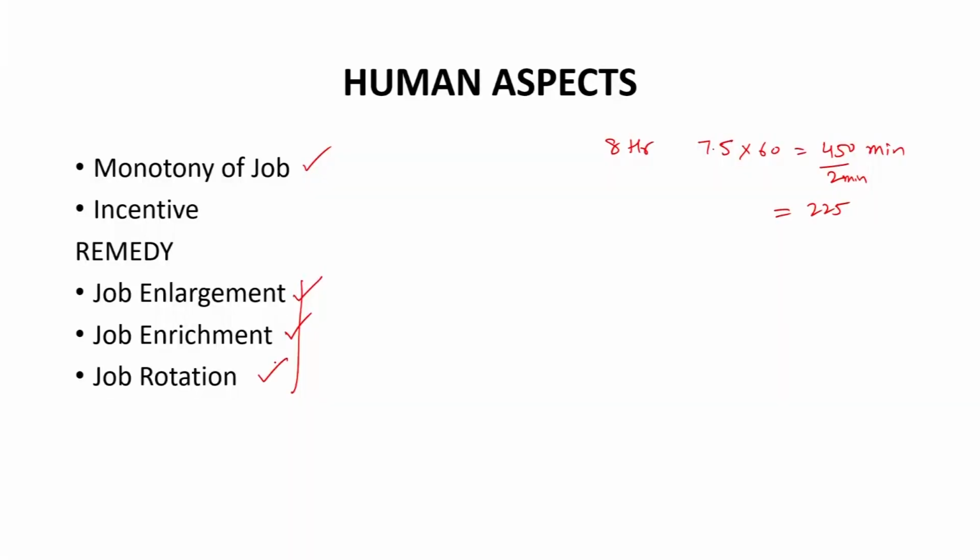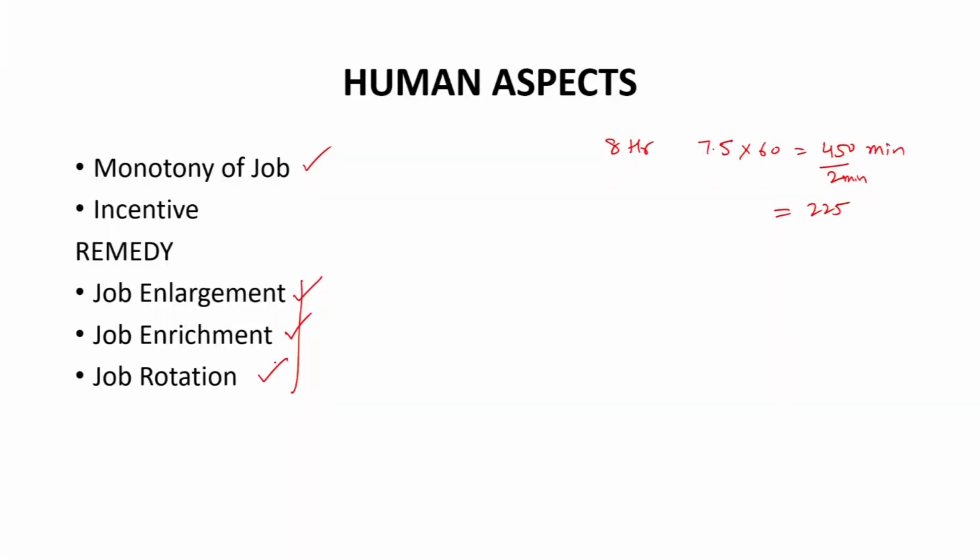He is thinking, he is involved in improving the workstation, or he can be part of the Kaizen team or quality circle team, by which he will feel that yes, he is also contributing. He is not only doing the physical activity, rather he is also applying his intelligence and brain to improve the situation. Another is job rotation, which we can also apply.